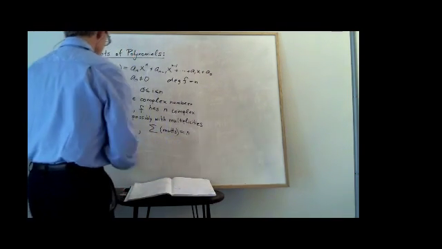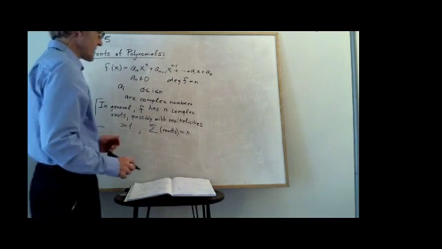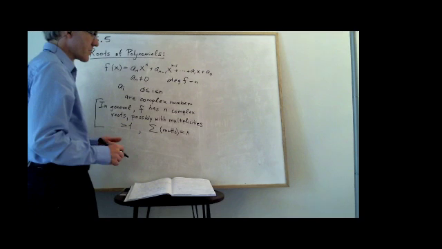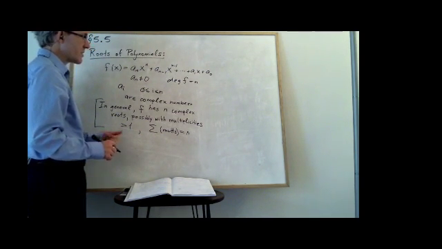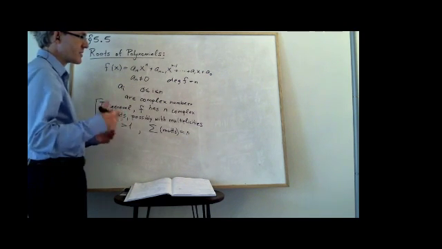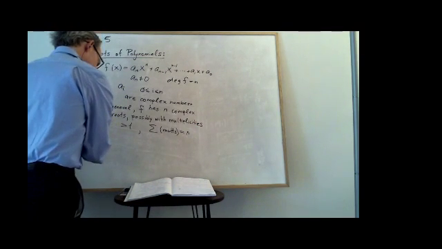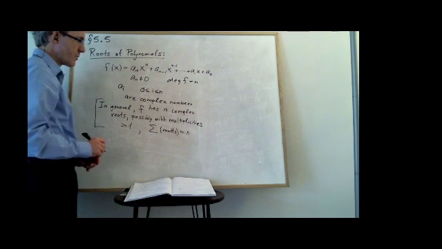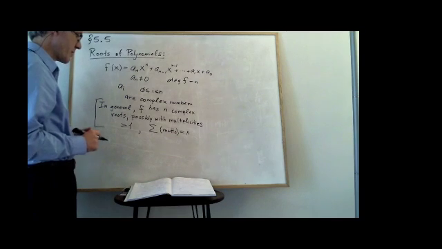That sort of counts as 3, because the multiplicity will be 3. Okay, but the point that I was going to make was that if you have a complex root, so it has a non-zero imaginary part. The real part could be anything, but the imaginary part has to be non-zero. Then you'll also have the complex conjugate of that root as also a root, but only if the coefficients of the polynomial are real.